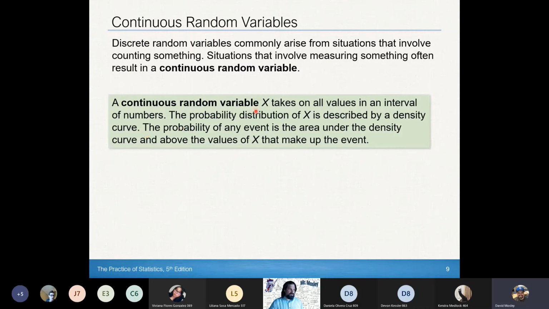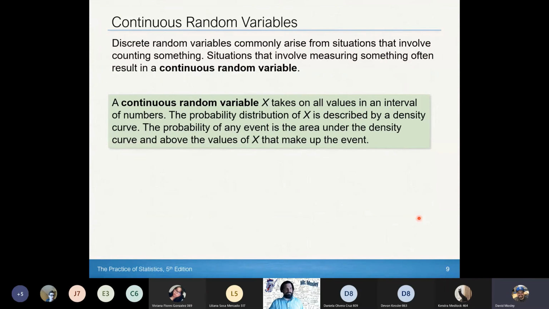So a continuous random variable x takes on all values in an interval of numbers. The probability distribution of x is described by a density curve. The probability of any event is the area under the density curve and above the values of x that make up the event. So essentially we're using the same strategy with continuous random variables as we did with the normal distribution and the normal curve in the previous chapter.